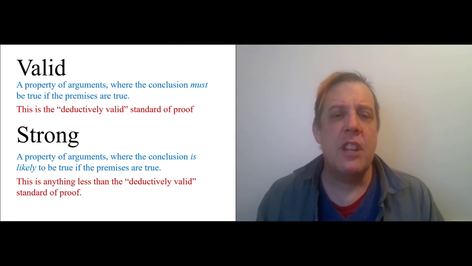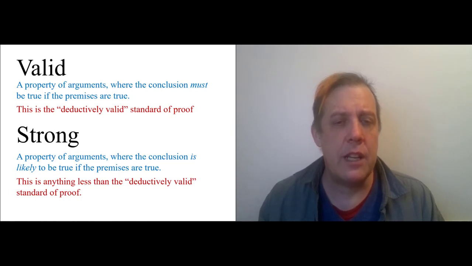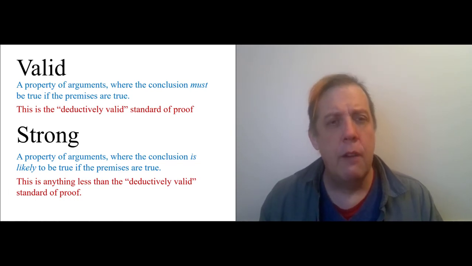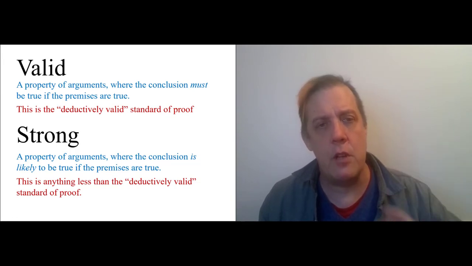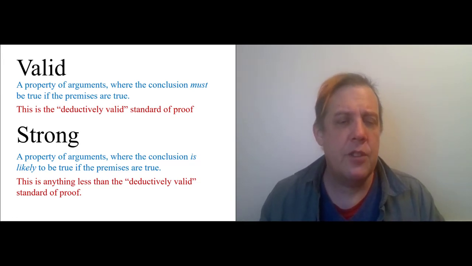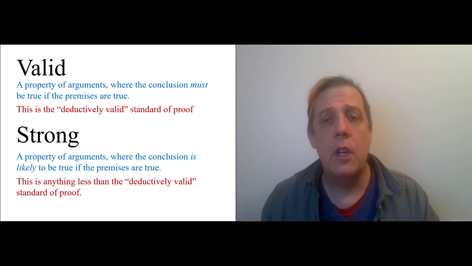So one interesting thing about strong arguments is that it actually comes in degrees. How strong is strong? Validity is a black and white property. Arguments are either valid or they're not. Strength comes in degrees. How strong does an argument need to be before it's strong enough?